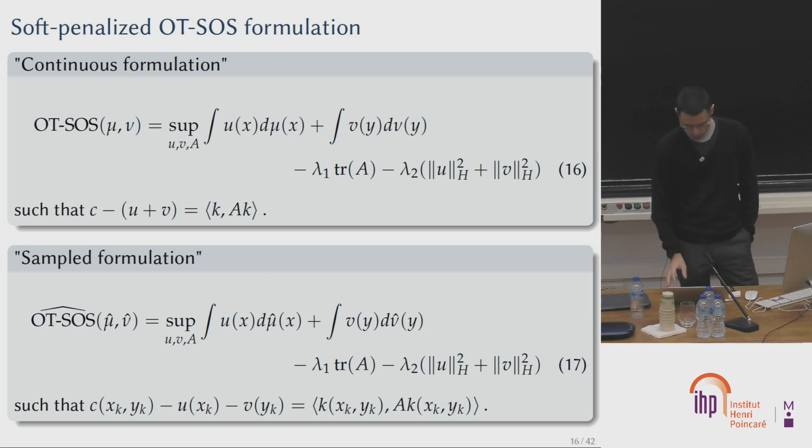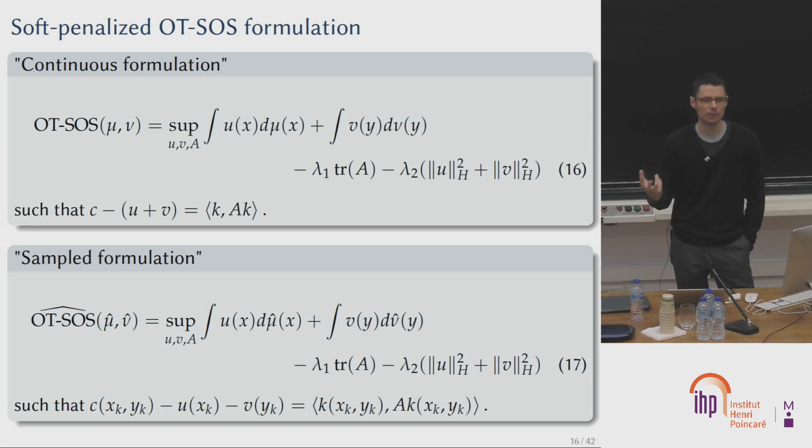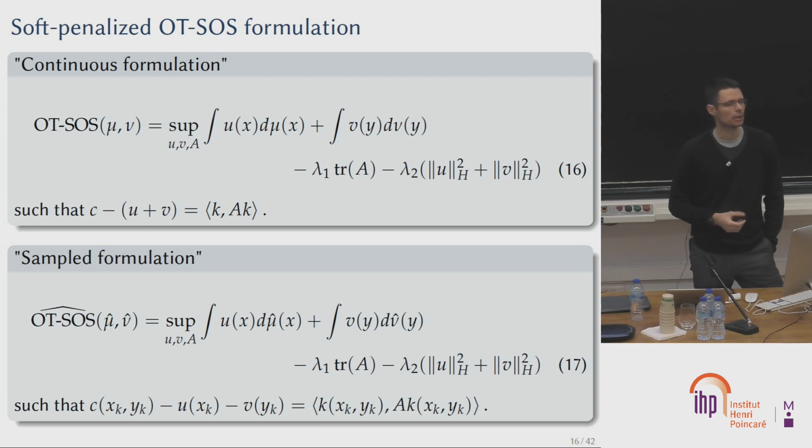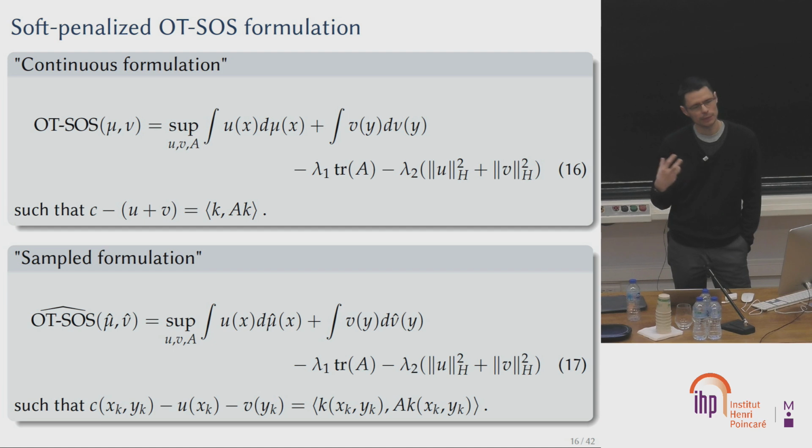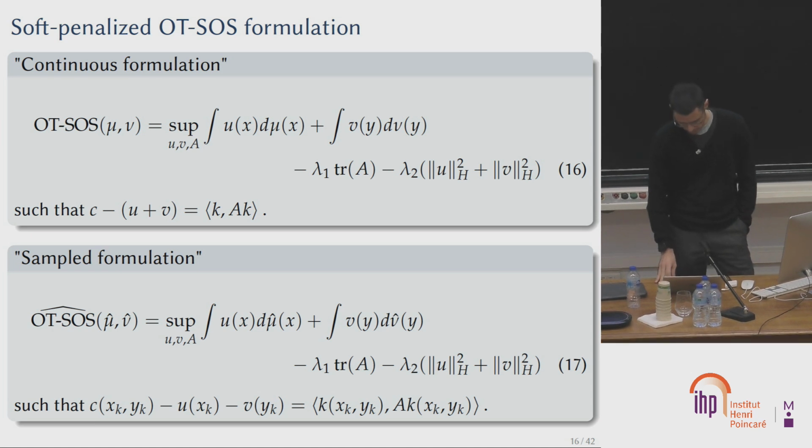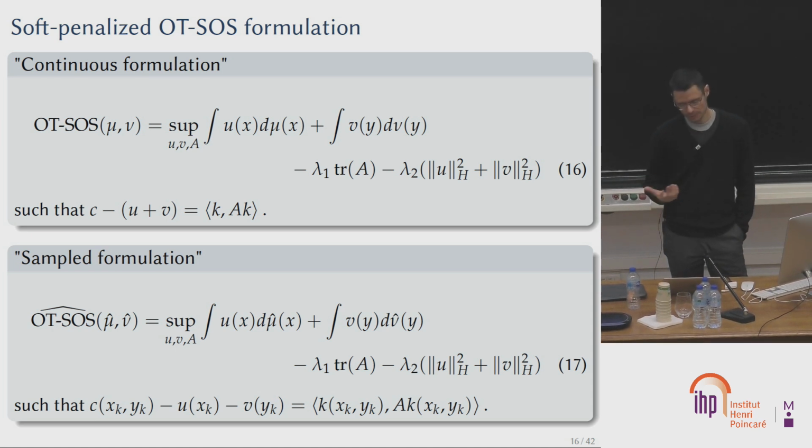And we have now removed this inequality constraint by an equality constraint. And we are okay to do it because we know that the optimizer satisfies it, okay?